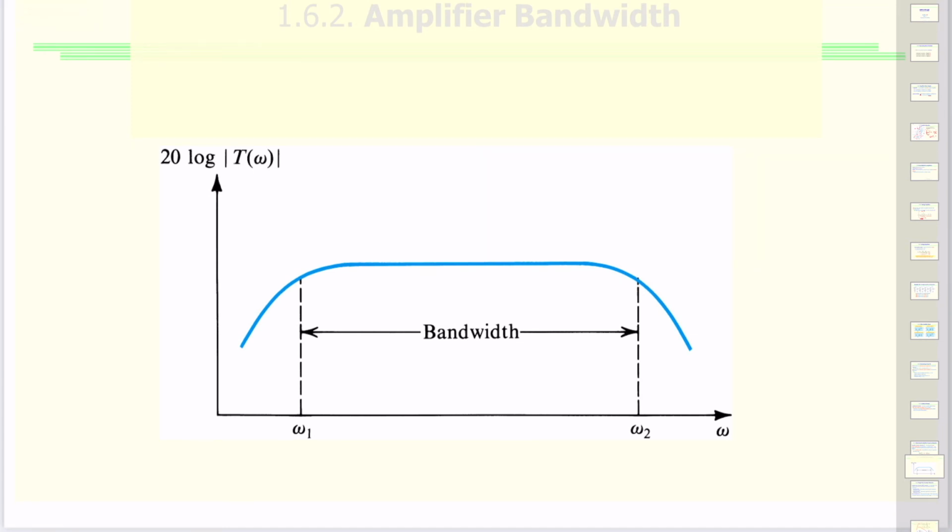Now here's something which shows up on the left hand side. This is nothing but the magnitude of the transmission response. And just like gain, what we are showing here is the transmission response, which is also written in decibels.